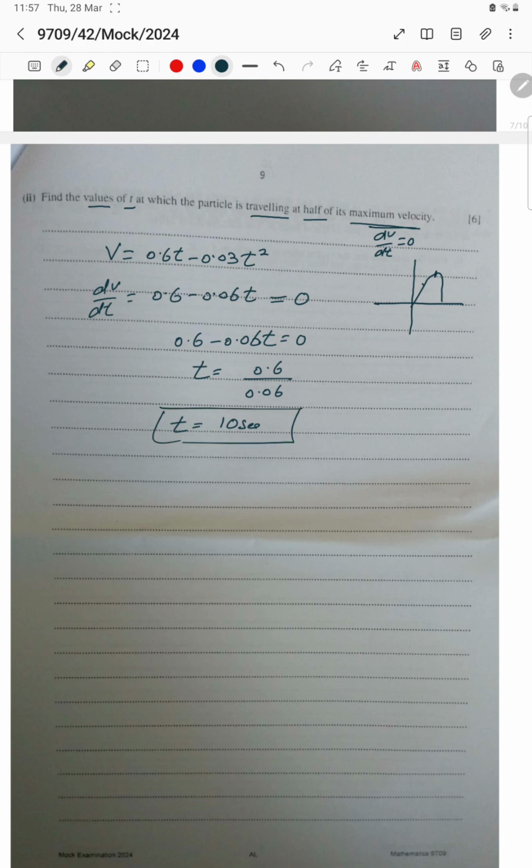So now we have to find the maximum velocity at 10 seconds. So v at 10 will be 0.6 times 10, I'm replacing it here, minus 0.03 and 10 square.